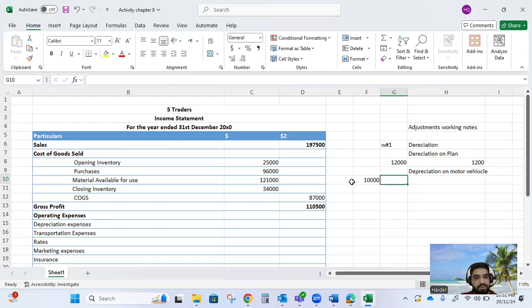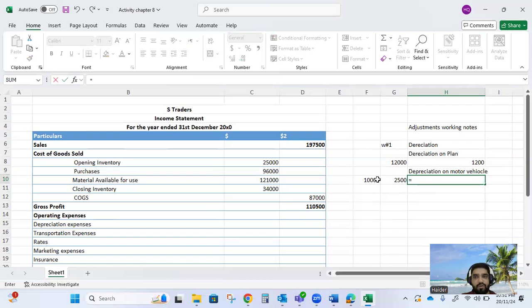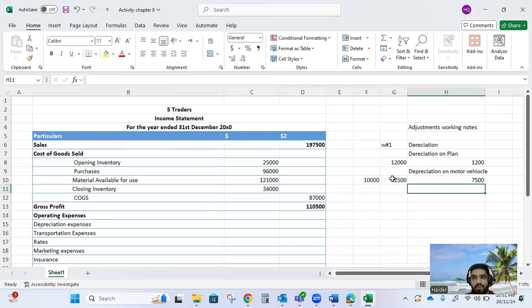Its accumulated depreciation is 2,500. If you deduct the 2,500 from 10,000, you get the net book value. The net book value is 7,500.